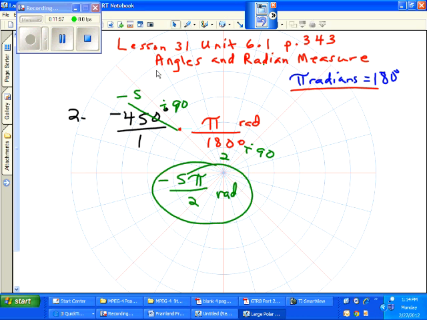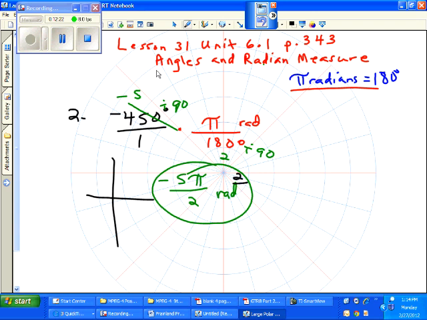Now, negative means that we're going clockwise instead of counterclockwise, right? Any questions on number 2? Going from degrees to radians. Okay? About where would that be? How many half pies make a whole pie? Okay, let's think about this.